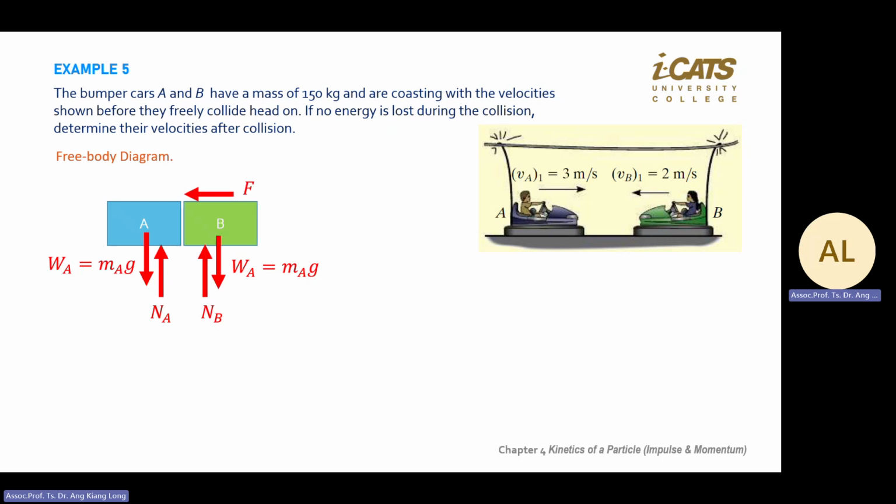This red color force is referring to A. You have to imagine yourself as bumper car A. If you bump into something, the force is pointing into your nose, into your face. So this red color force on the right is for A. For B is the left hand side force. You have to know which one and which one, and each force is different.